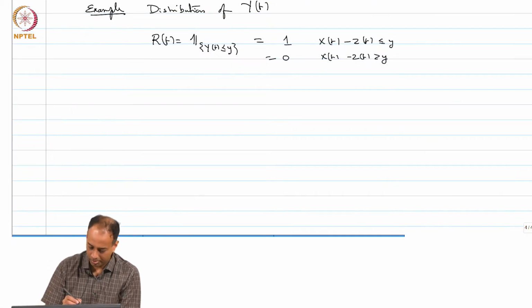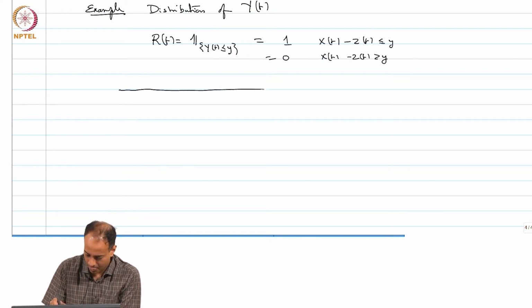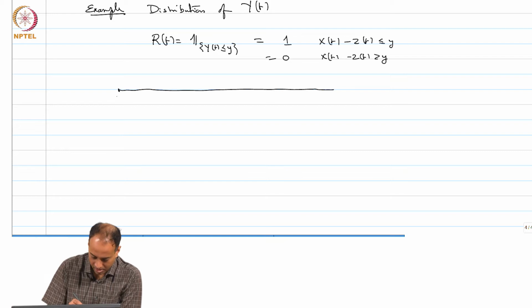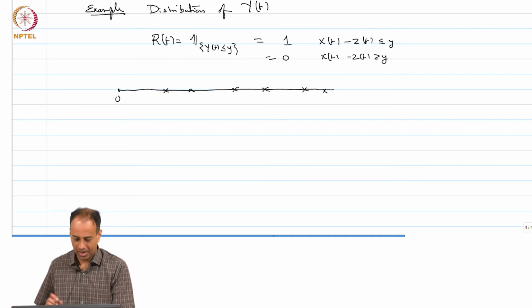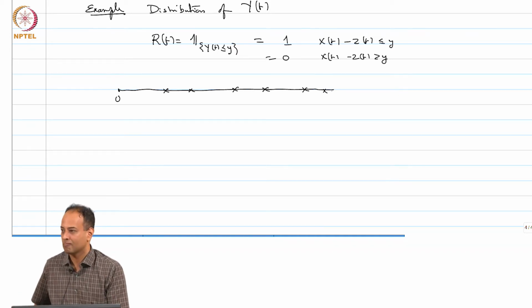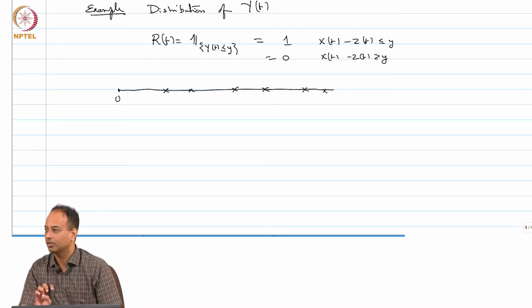Just to give you a picture, that is my renewal process, some particular realization of the renewal process, and little y is something fixed. You fix whatever you want.